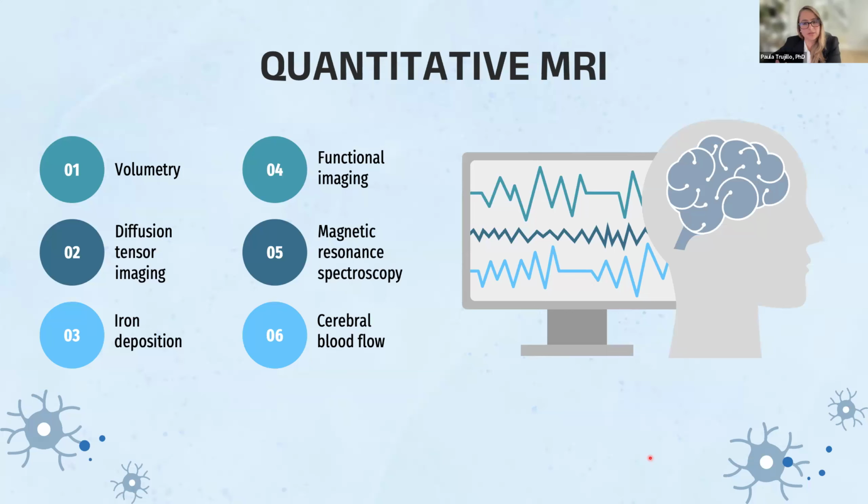Quantitative MRI can be ideally comparable across imaging sites, different time points, and different acquisition methods. So they can be used to track disease progression and also to evaluate the effectiveness of therapeutic interventions.